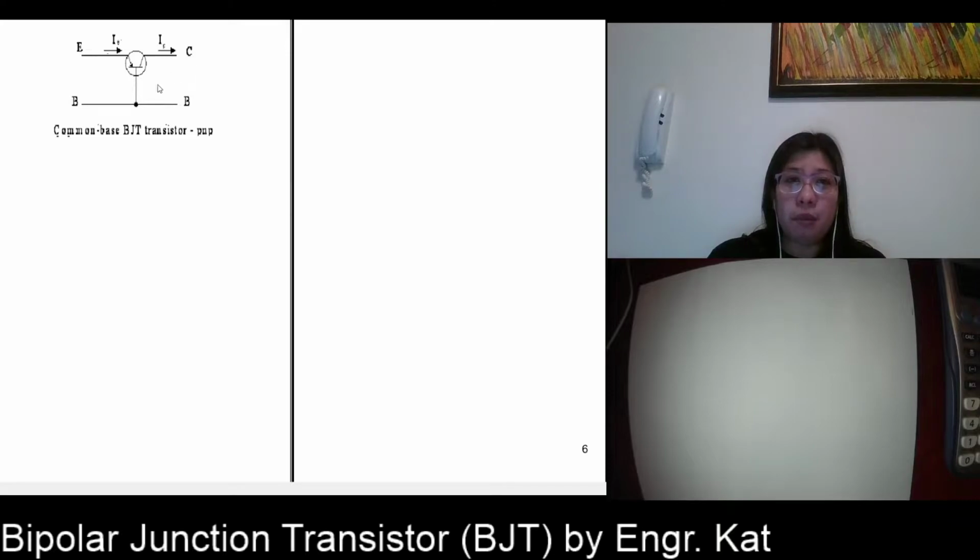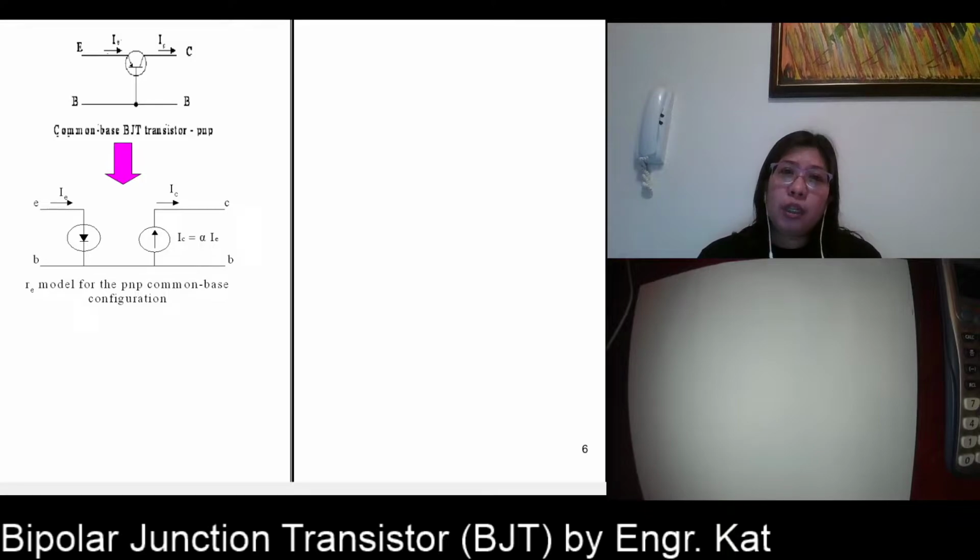So this is a common base configuration because as you can see, your base is common to both your input and your output. So the input is between the emitter and the base, while the output is between the collector and the base.